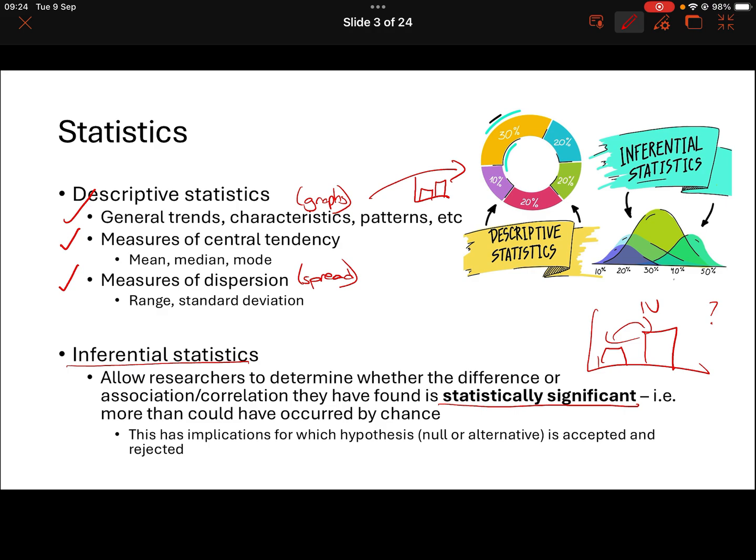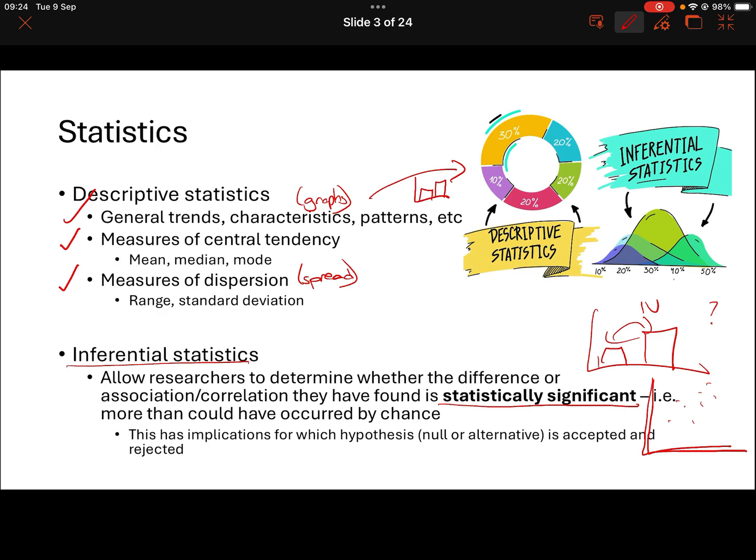If we're talking about a correlation or an association, is the strength of that correlation big enough for us to be confident that there is a relationship between those two covariables and that we haven't just seen something at random?